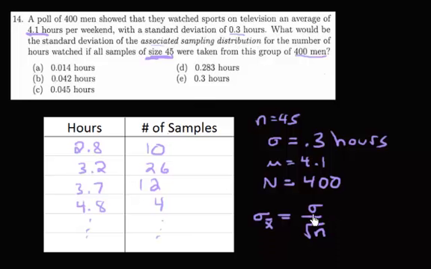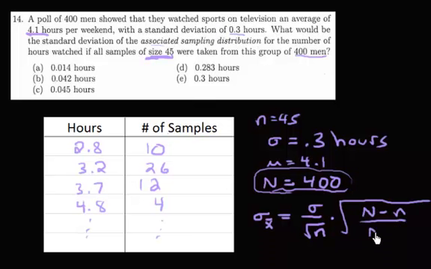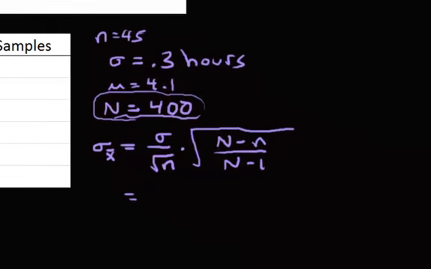Now that's normally what it is, but if they tell you a population size, or you're taking your samples from a group of 400, so 400 is going to be big N, we have a bit of an adjustment here, which is big N minus little n over big N minus 1. So we just have to fill in all this information.